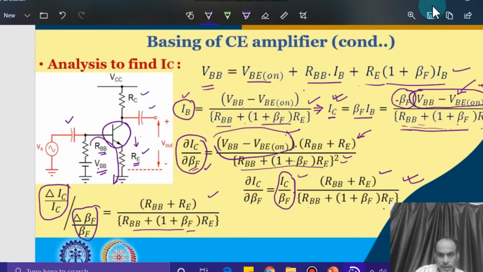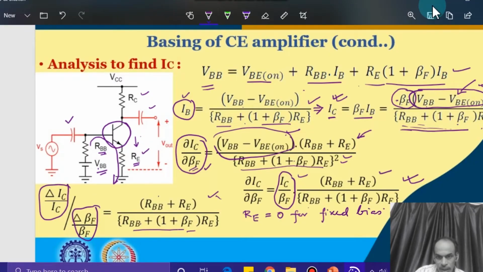Now interestingly, the same equation can be used to find the sensitivity of the common emitter amplifier operating point on beta variation for both fixed bias and emitter degenerated bias. So if I consider fixed bias, we can consider RE equal to 0. So if I take RE as 0 for fixed bias, then this expression becomes RBB divided by RBB.